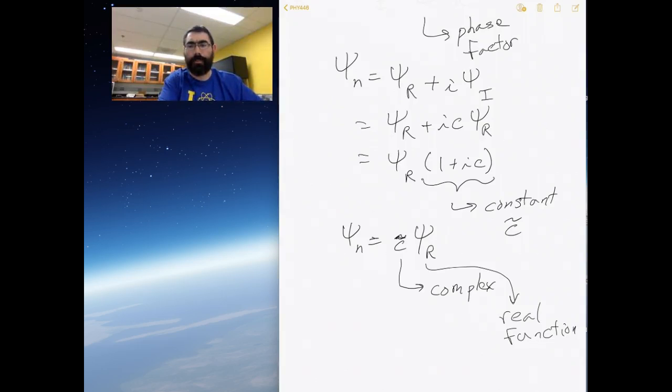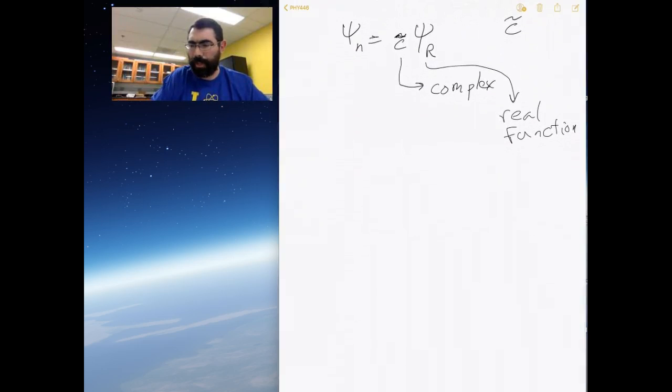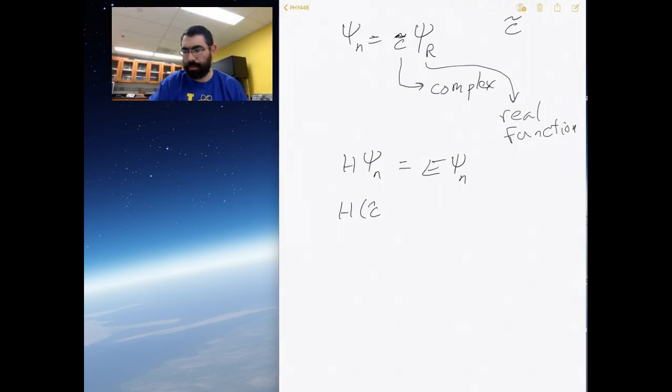But what it means realistically is that if I start with my Hamiltonian times the wave function equal to the eigenvalue energy times that wave function again, I could now put in here a wave function that is a real function times a complex constant.